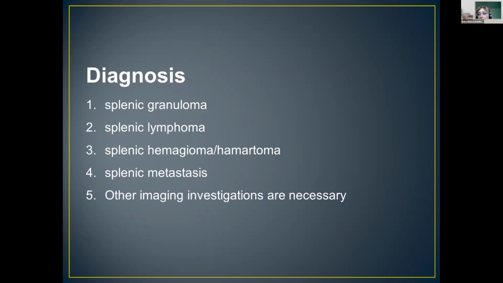I found only one case of splenic metastasis, and it was in a poorly differentiated adenocarcinoma. So it was certainly a splenic metastasis. In other cases, we must think of the possible association between benign splenic lesion and malignant pathology.